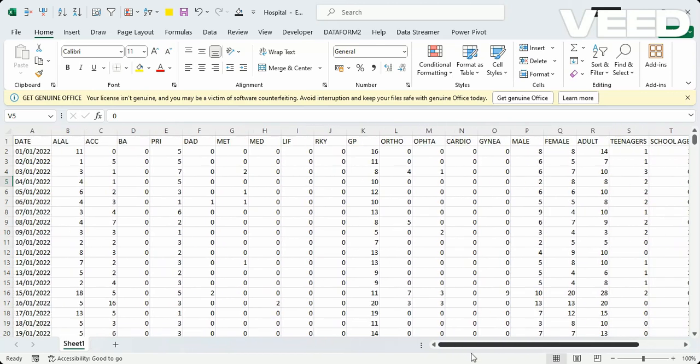Now, like I said before in the session, that before you start cleaning a data set, you must have a backup. So for this particular data set now, I have a backup.